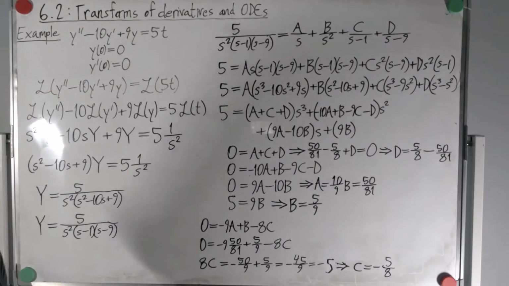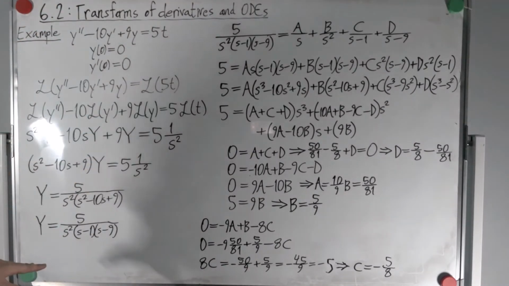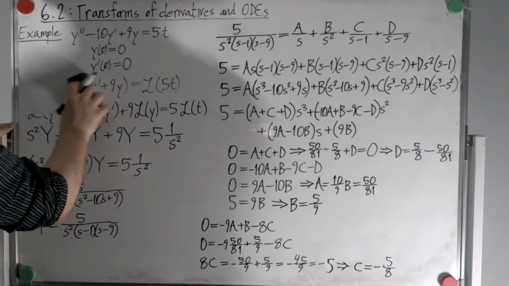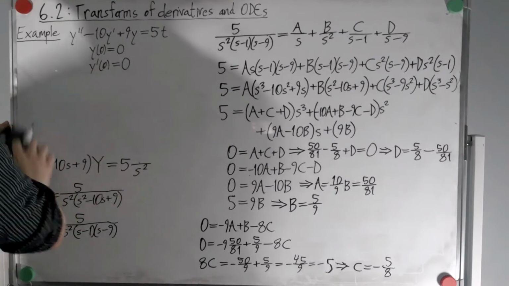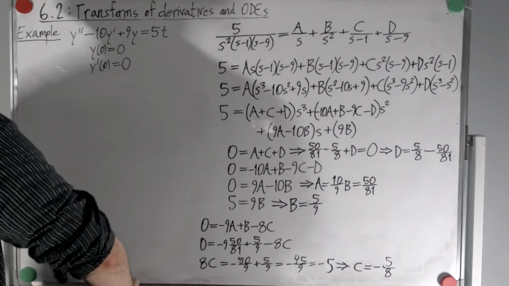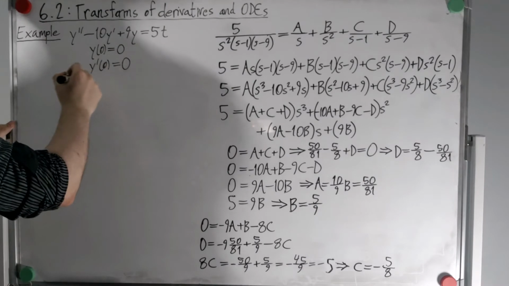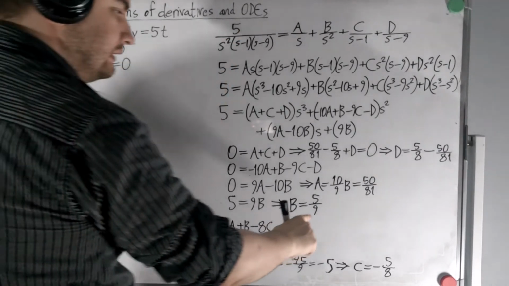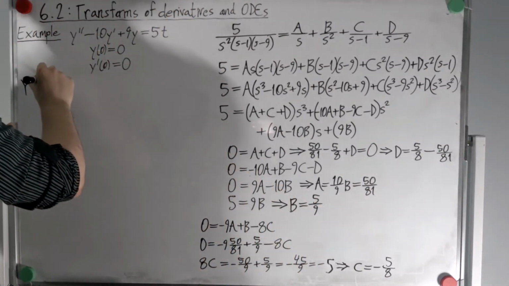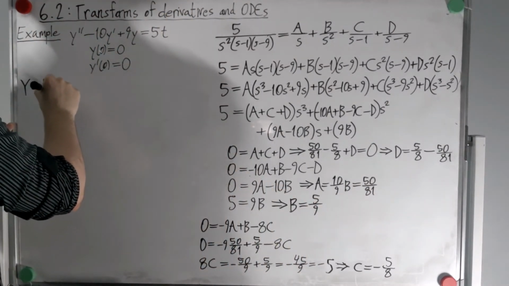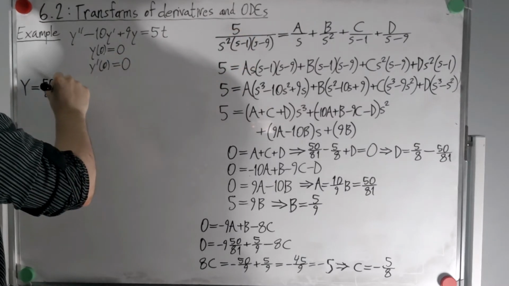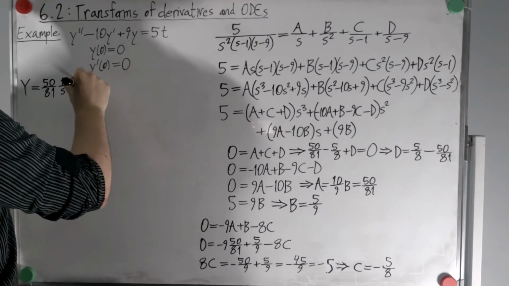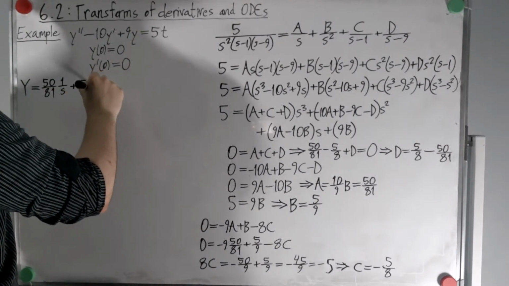Okay, so I'm going to erase this part now because we no longer need it. Capital Y is equal to, let's see, A is 50 over 81. Multiply that by 1 over s. Then B is 5 over 9. Multiply that by 1 over s squared.